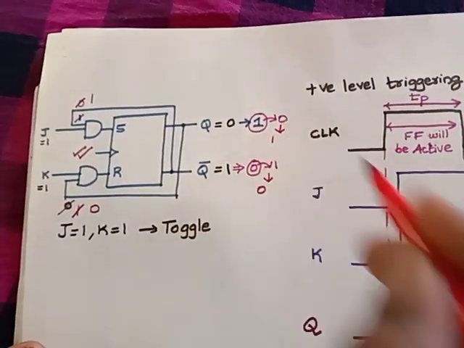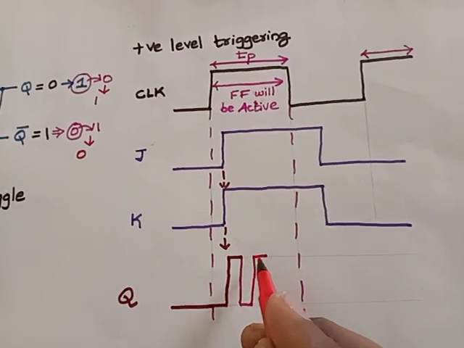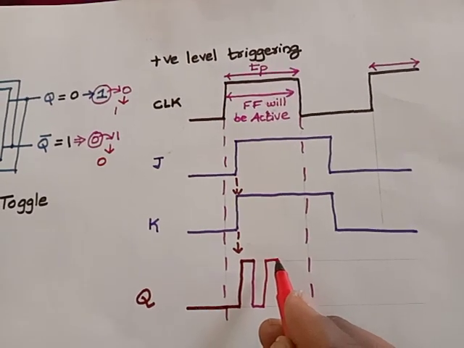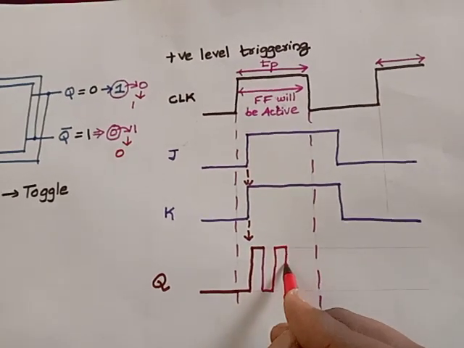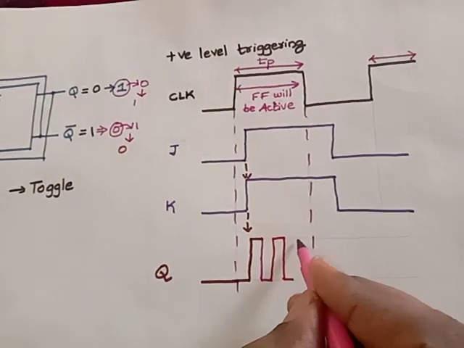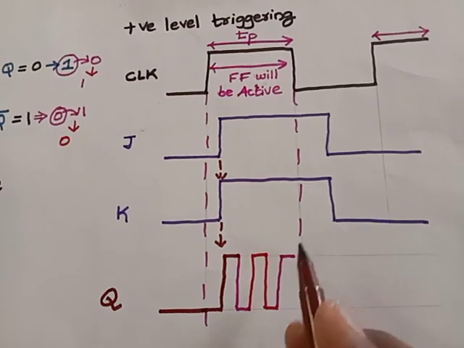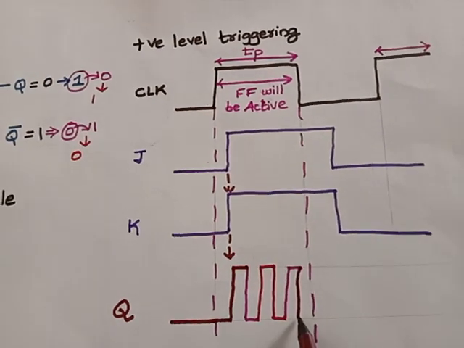Now when we sketch this, after some time this 0 goes back to 1. It will stay there for some time. Again the flip-flop is active, so again it will come to 0 state, and after some time it goes to on state. Again it will be going to 0 state.